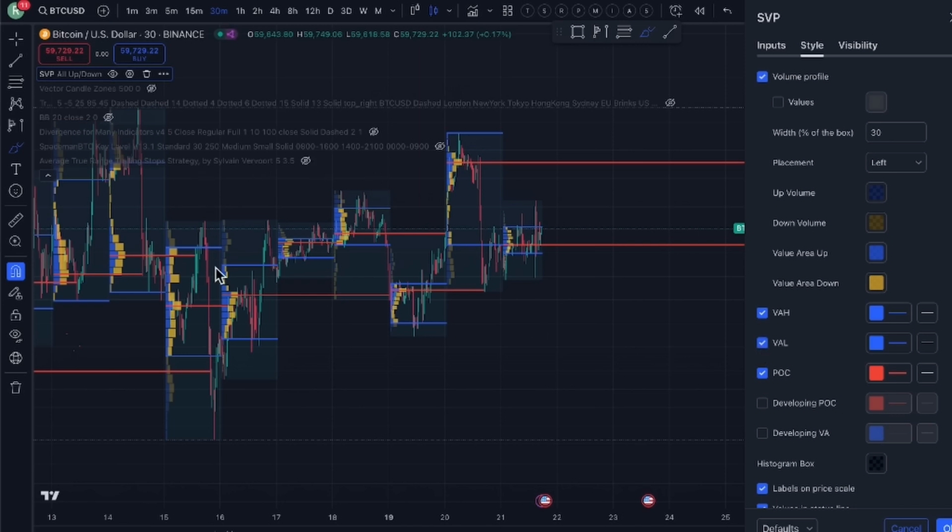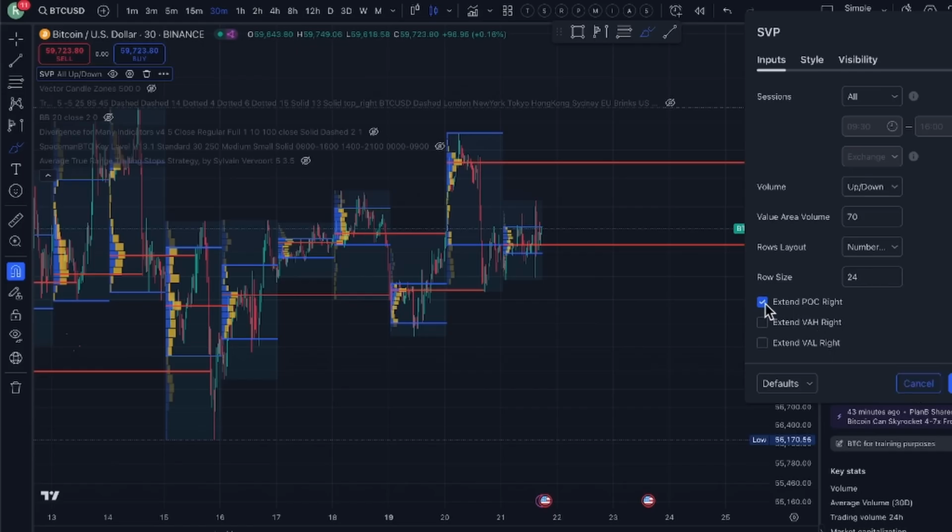Value area is the 1 sigma deviation that covers 68% of the fair value distribution about our median price, or in this case, we can say point of control. This red line, which you can see here. I remind you once again that we want our point of control to be extended to the right.